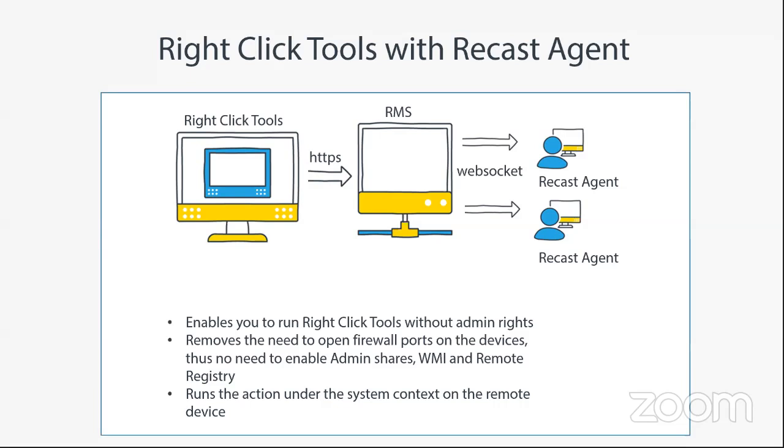If so, I'm going to send it down that Recast Agent communications layer to be run directly on the agent. If it isn't connected, it'll move on to the next route, which by default, again, is that Config Manager console route, where it'll be sent back to the right-click tools to work as it did in the last slide. So that's Recast Agent. Again, as simple as just installing the agent on devices, and we'll demo that in a little bit here.